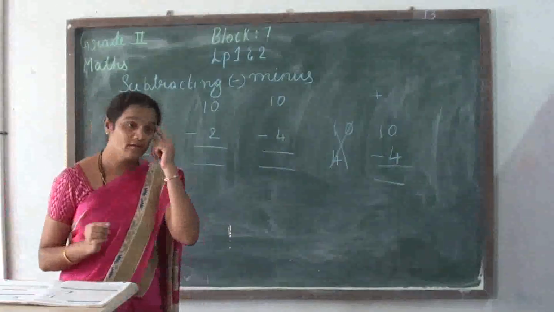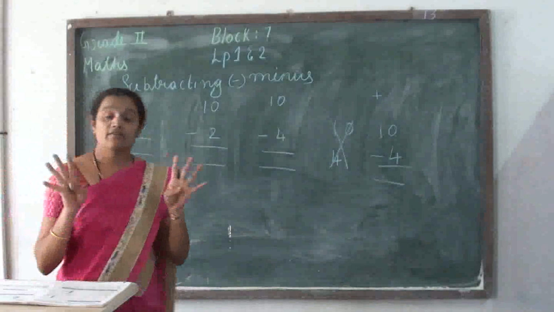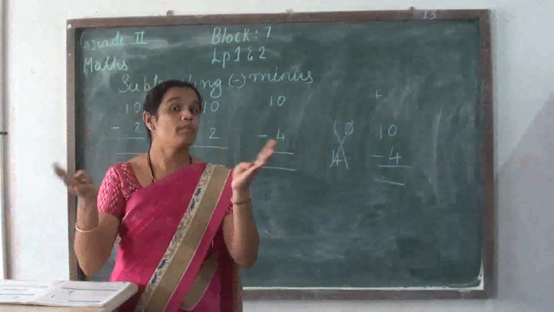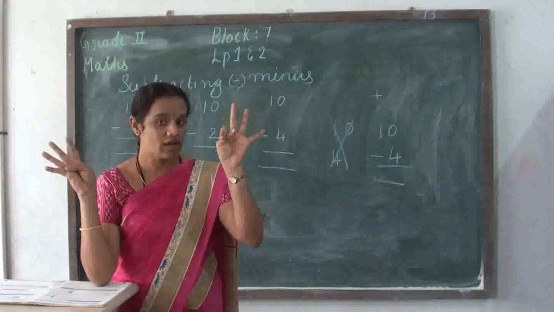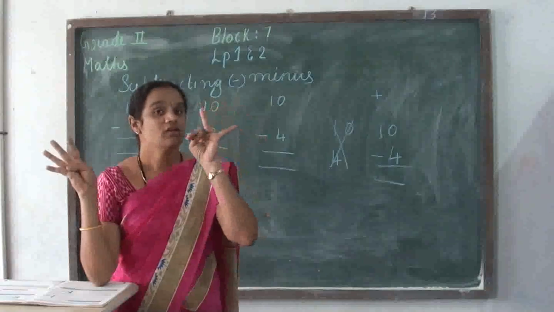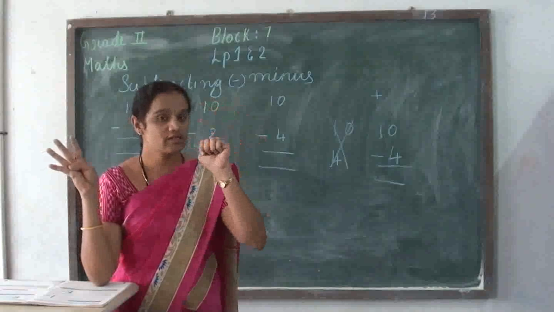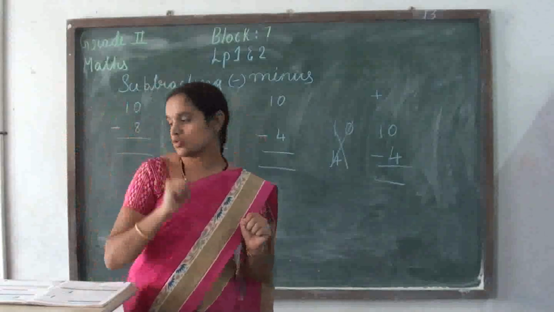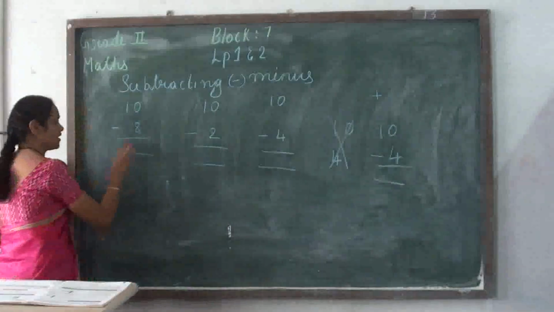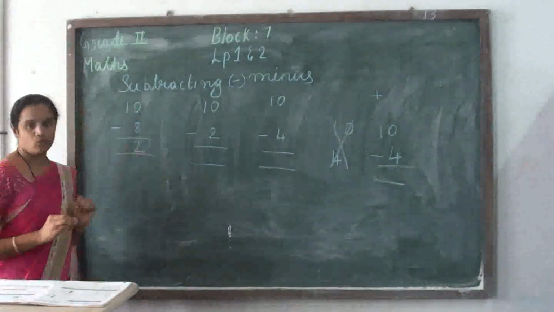10 in the mind, 8 in our fingers. We have to go back numbers. 10 back, 9, 8, 7, 6, 5, 4, 3, 2. So what is the answer here? Yes, it is 2.